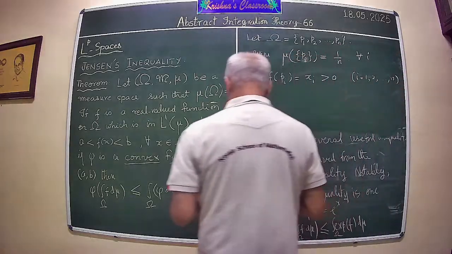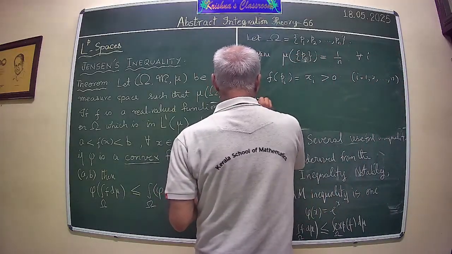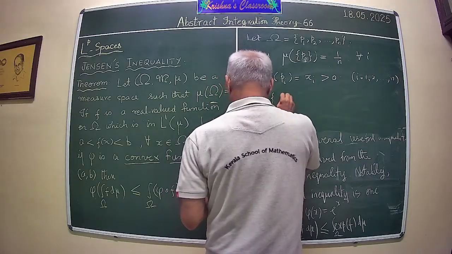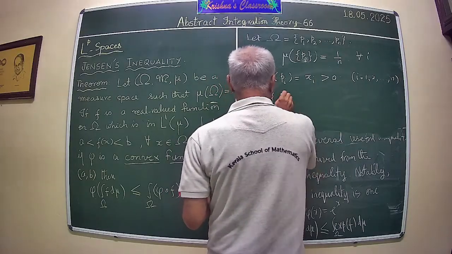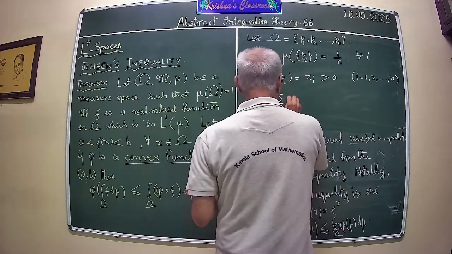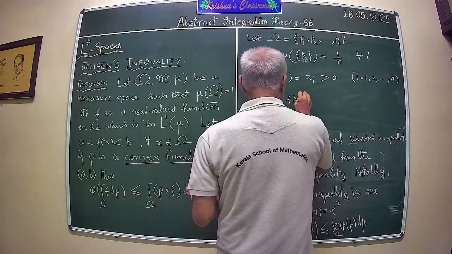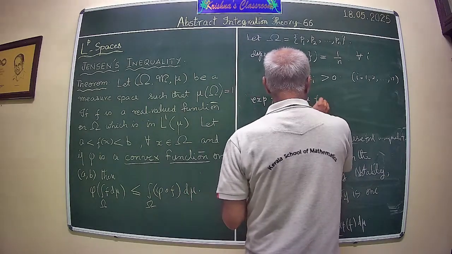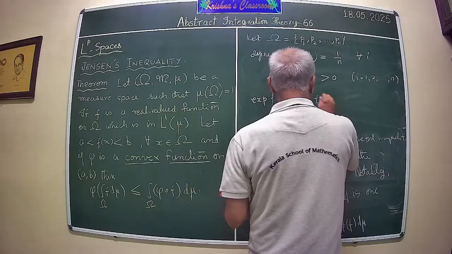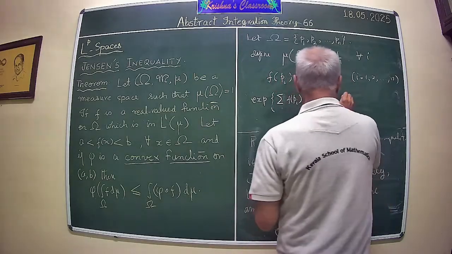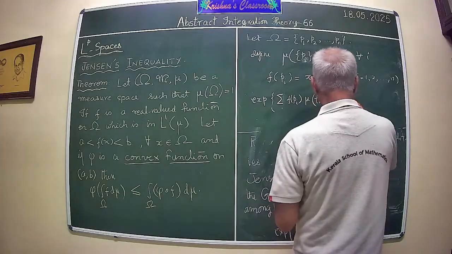Then you get exponential of sigma, integration gets replaced by sigma here, f p i, is less than or equal to 1 upon n sigma e to the power x i.